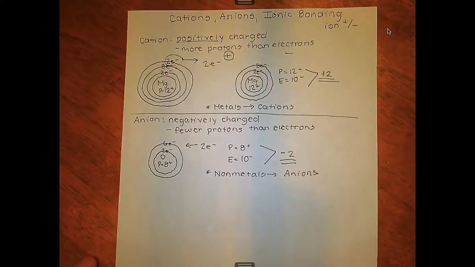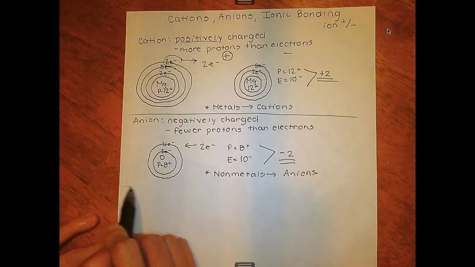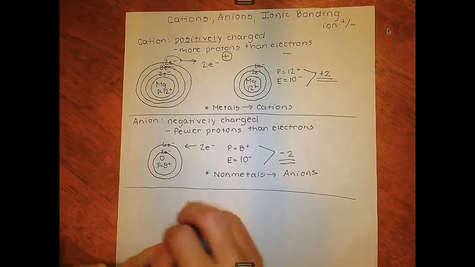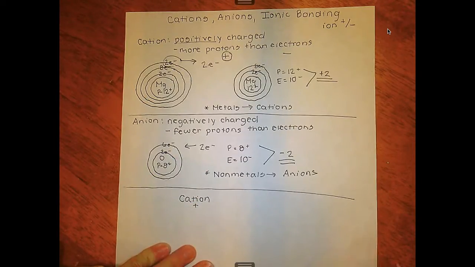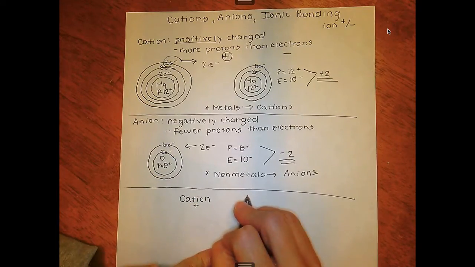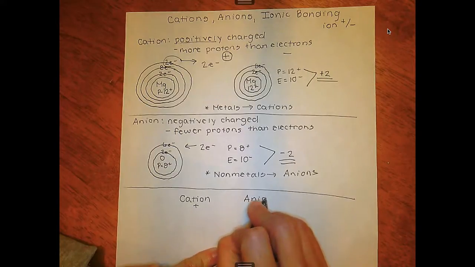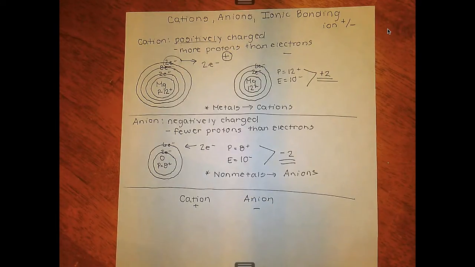Okay, and so now, let's look at ionic bonding. When you have a cation, which we have said is a positively charged ion, and you have an anion, which we have said is a negatively charged ion, we understand based on just general knowledge that positives and negatives are attracted to each other, and that is exactly what is going to happen here.